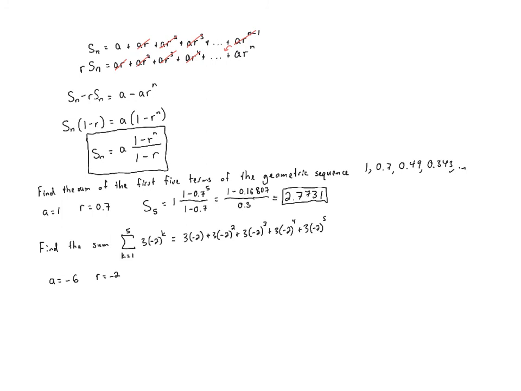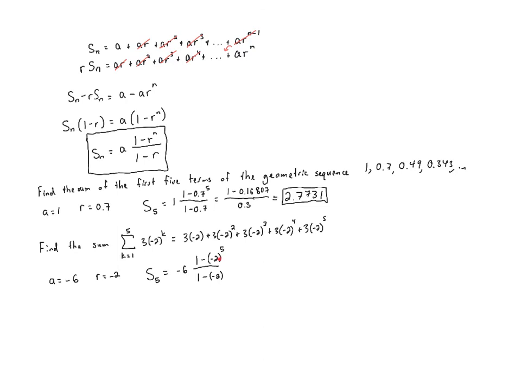And so if we want to find this sum, it will be the 5th partial sum. And so we have a, which is negative 6, times 1 minus r, negative 2 to the n power, which is 5, all over 1 minus r, 1 minus negative 2.